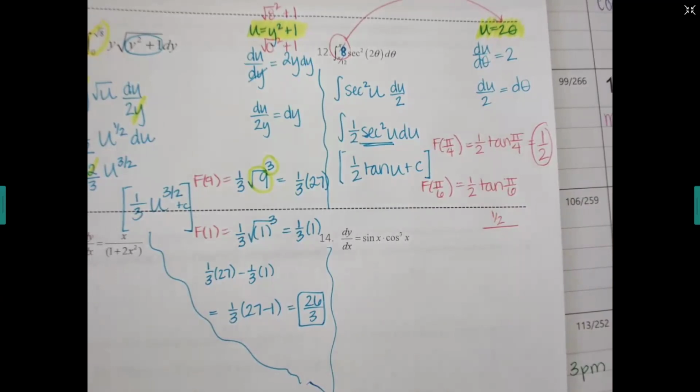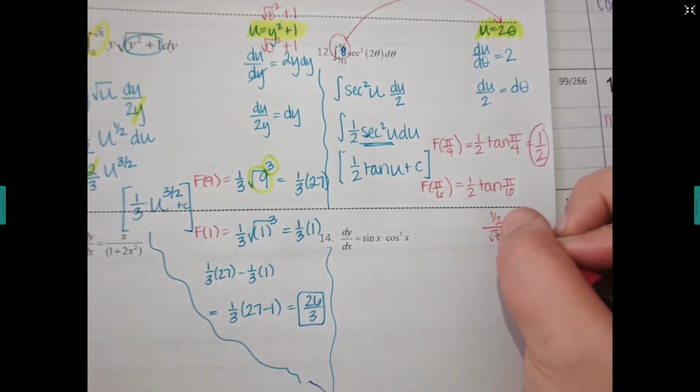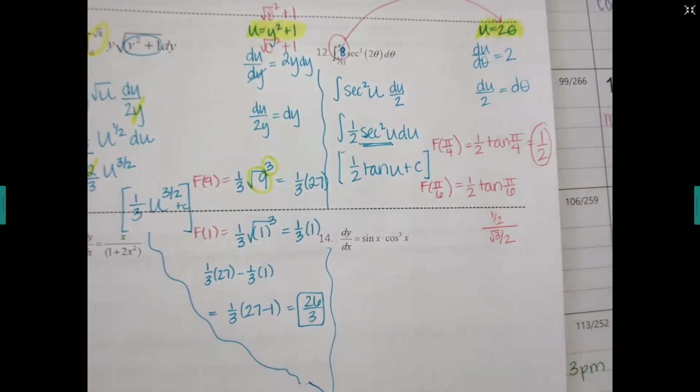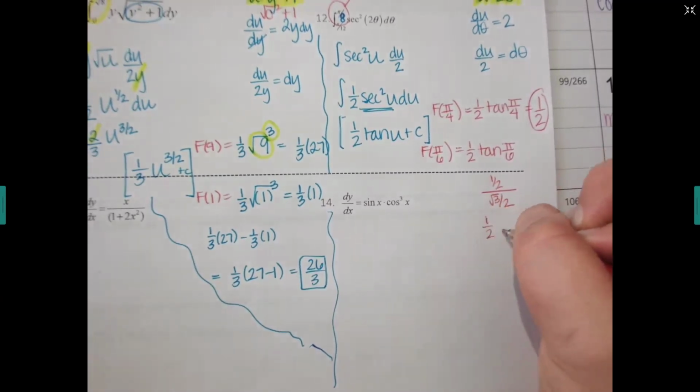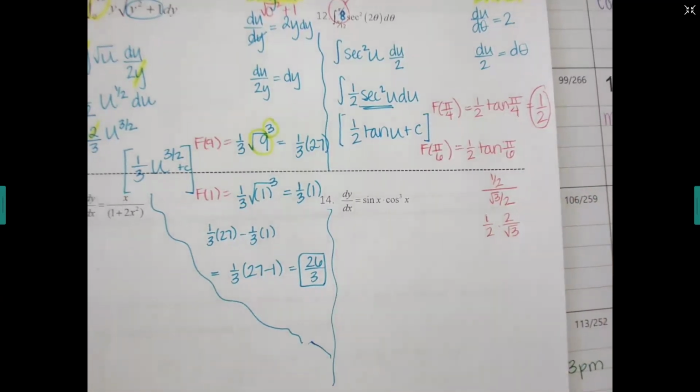How many top fingers? 3. So it's root 3 over 2. And then remember that when you're dividing fractions, you keep change flip. So the 1/2, I'm going to keep the same, but the square root of 3 over 2, I'm going to flip it. So it's going to be 2 over root 3. Then cross those 2's out. What's your answer?